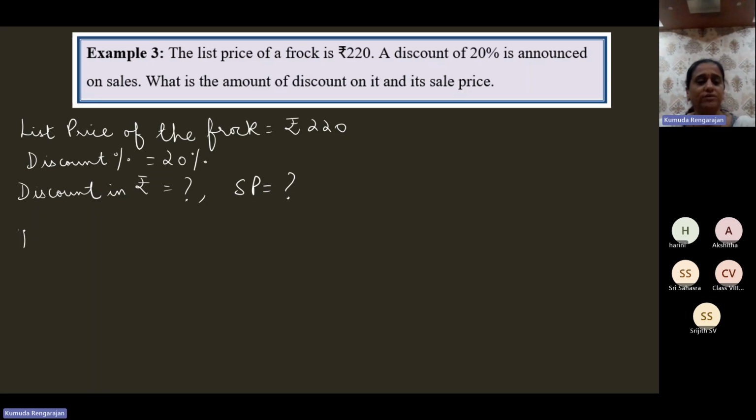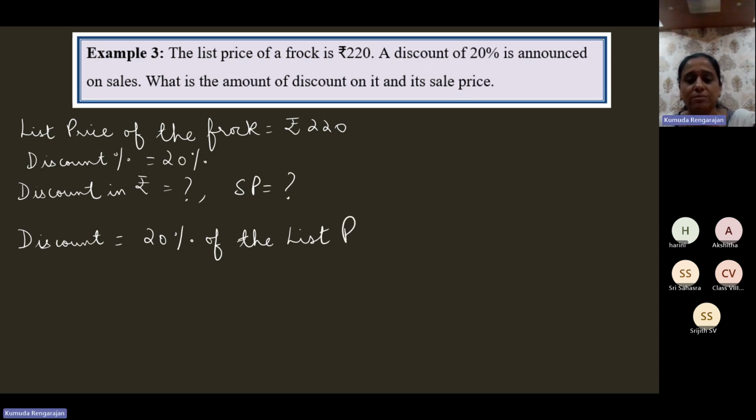So discount in rupees is equal to 20% of the list price. The percentage of discount is always applied on the marked price or the list price. Just remember this.